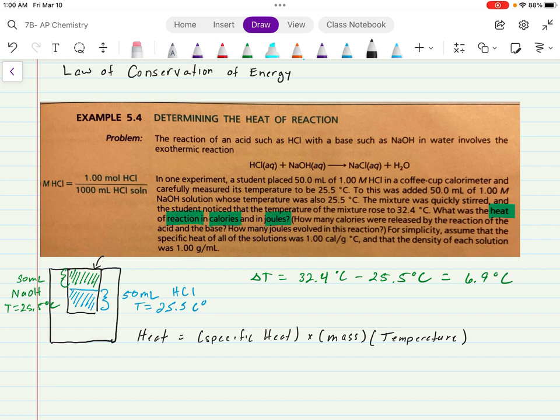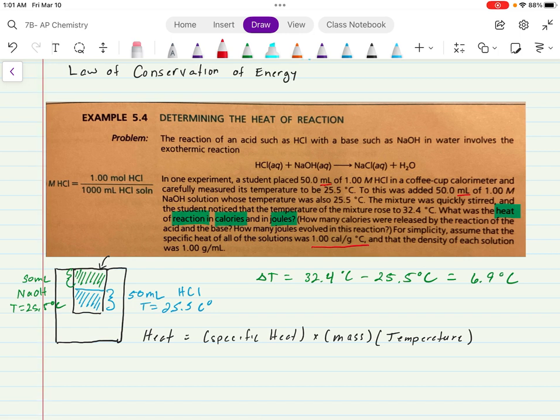All right, so we have the information. What we don't have is the specific heat, but actually, if you look, it tells you right here, the specific heat of the solutions is 1.0 calories per gram Celsius, right? And the density of each solution was 1.00 grams per mil, which will help us determine the mass. Right, because we're adding milliliters.